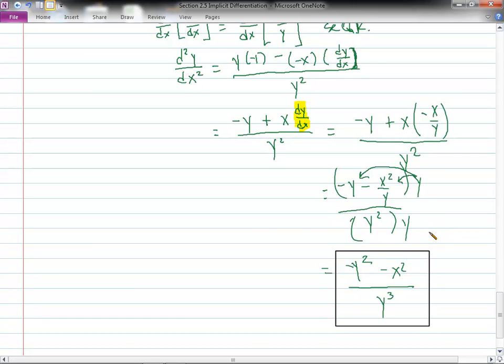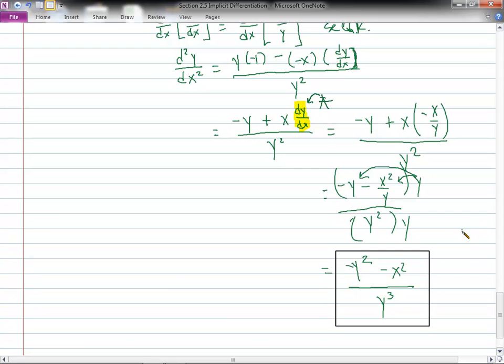Make sense? Notice again, you don't have to solve for the second derivative because it's already solved for, but you do need to make this substitution right here in order to complete the problem. And then we just do some algebraic simplification.